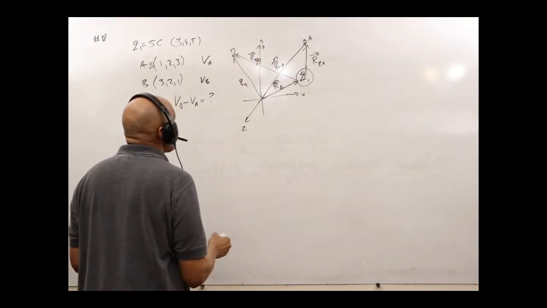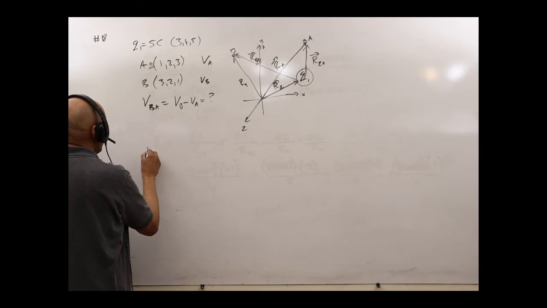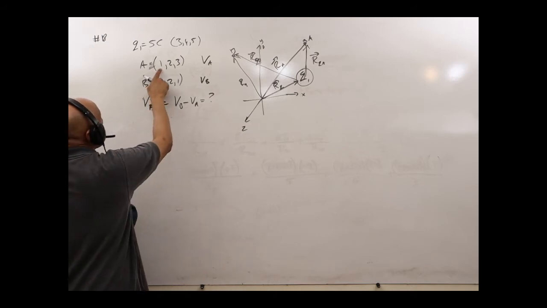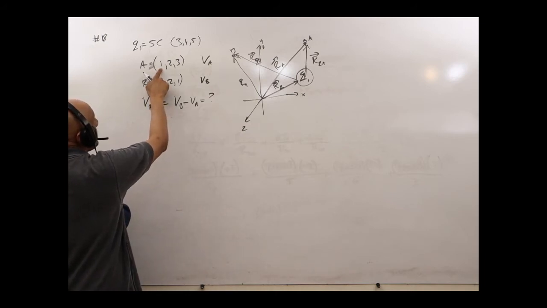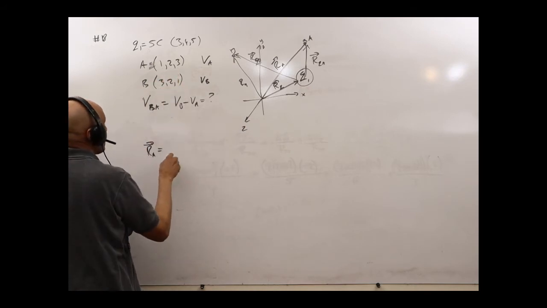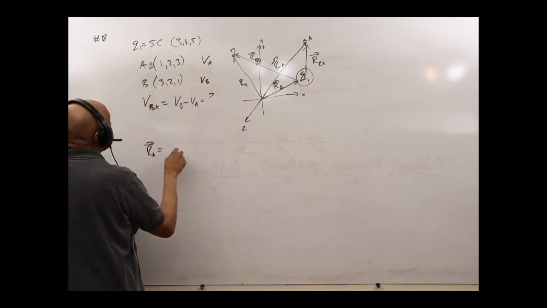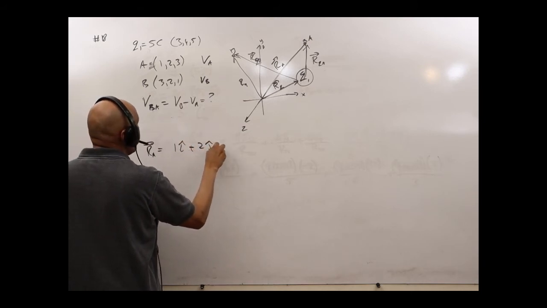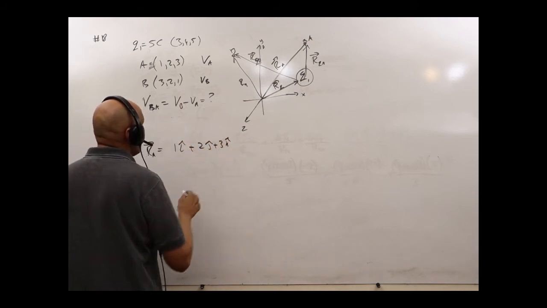Okay, so let's calculate first RA. From the origin you have to travel 1 meter in the i direction, 2 meters in the j direction, 3 meters in the k direction. So the position vector for A is 1i plus 2j plus 3k.